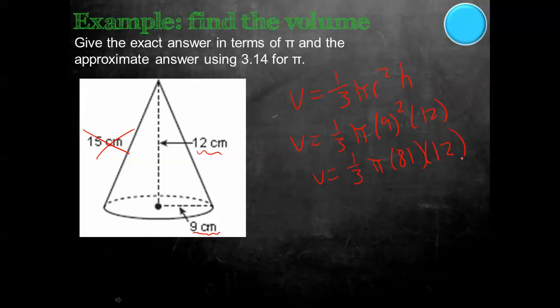And we have 12. So now we're going to take 81 times 12, which is 972, and then divide it by 3, which is 324. So we have 324 pi centimeters cubed. And then for the approximate, we would take 324 times 3.14, which would be 1,017 centimeters cubed.